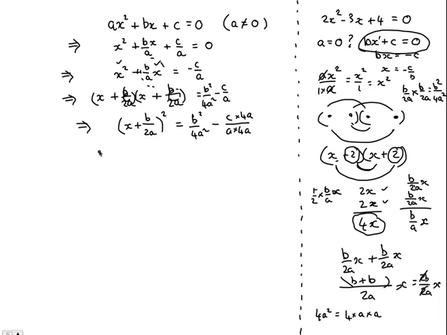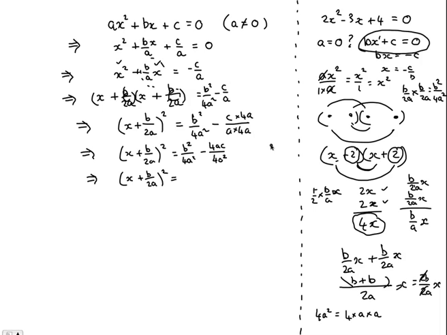So we'll come back to that. The left-hand side is now a perfect square. The right-hand side, I'm still in the business of trying to simplify it. We've now got 4ac on the top and 4a squared on the bottom. Both fractions have the same denominator, so I can ask the question, how many of these 4a squareds have I got?